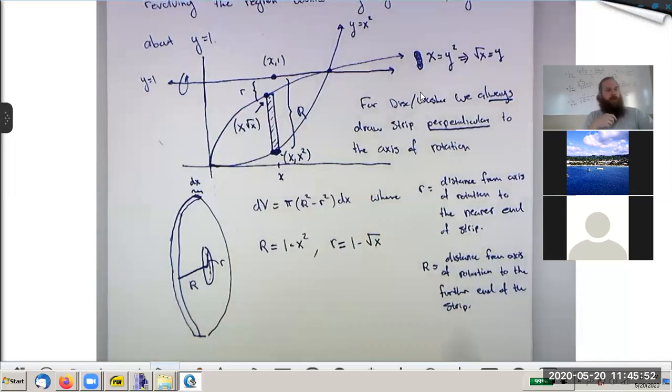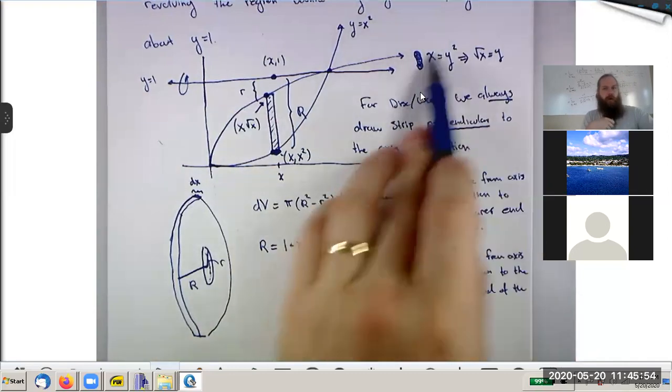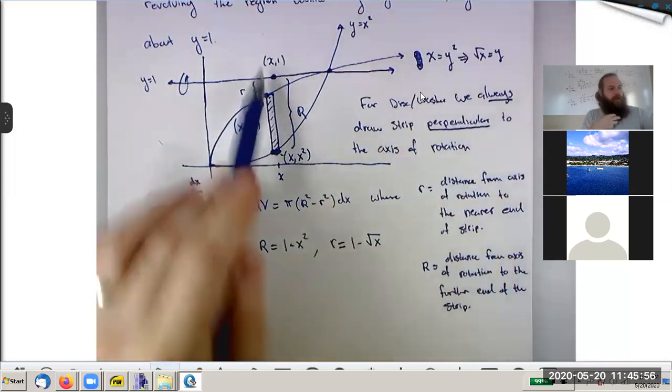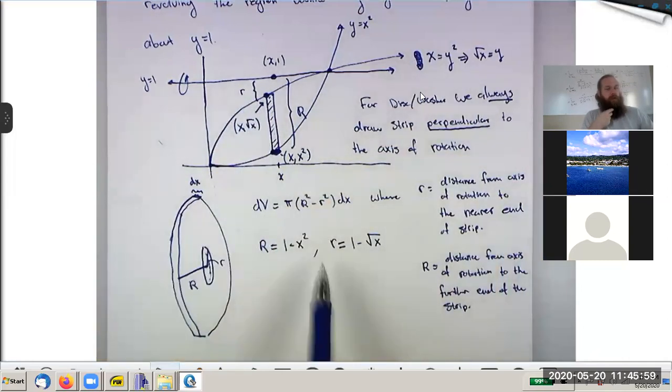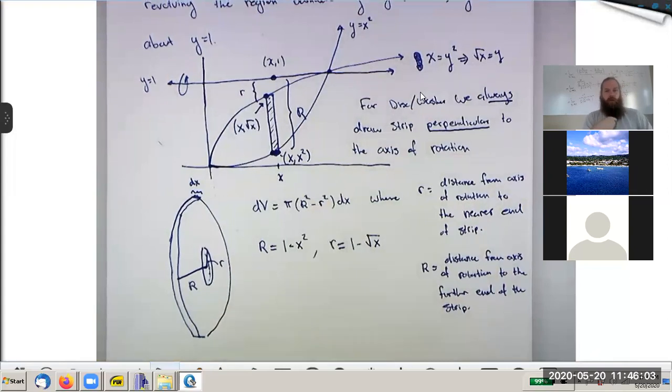It's important that we solve this for y, because I need these distances to only have x's in them, cannot have any y's in them, because I'm trying to do a dx integral at the end. Are we comfy with where these r's are coming from? Big R and little r being 1 minus x squared and 1 minus root x. This is a good time to ask questions about these setups.